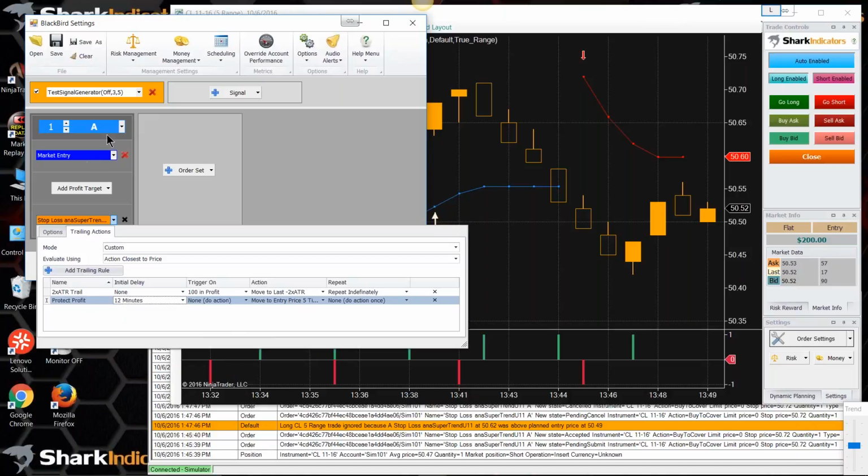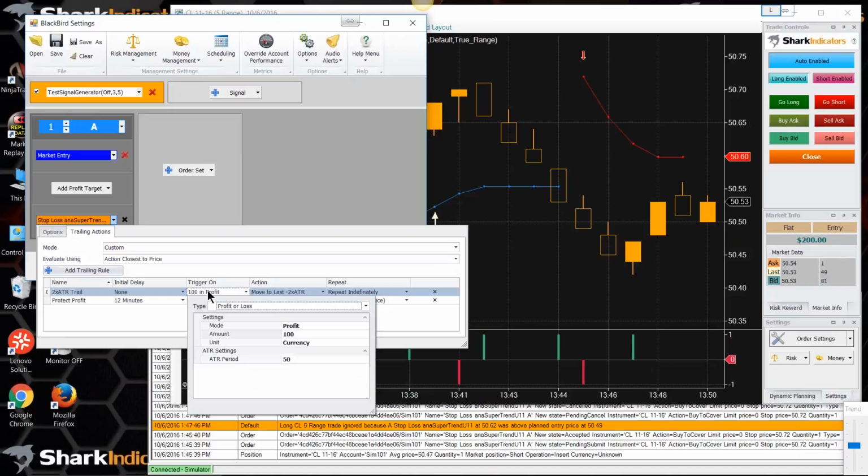So once order set A gets executed and our stop loss gets submitted, the protective profit will have to wait 12 minutes before it can get executed. After 12 minutes, the action will actually get executed. So this is just a delay factor.